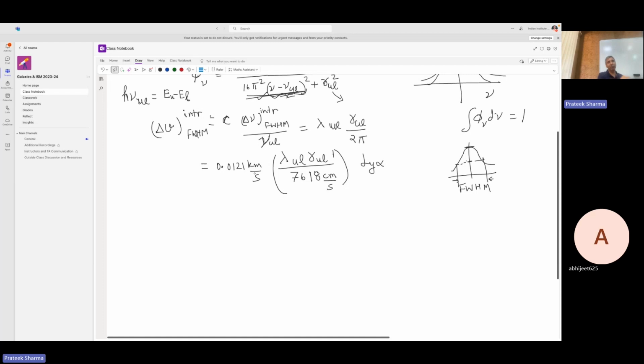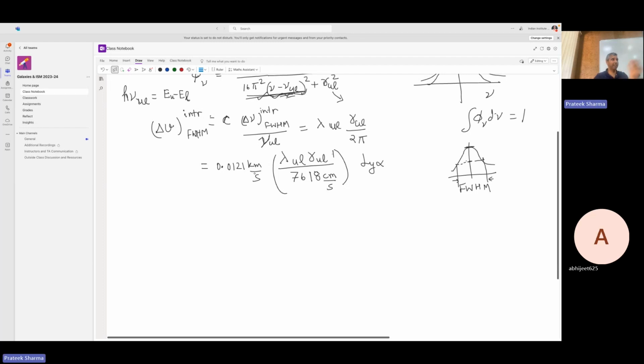For 1 Kelvin, it will be square root of T, so 10 times smaller, so 0.1 kilometer per second. This is 0.01. So this intrinsic line width is actually very small for typical transitions. Okay, that is the point of this calculation.